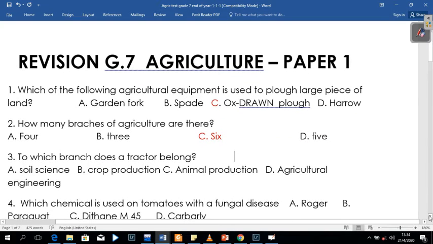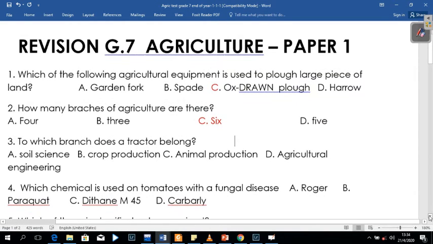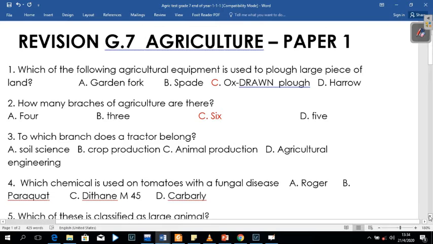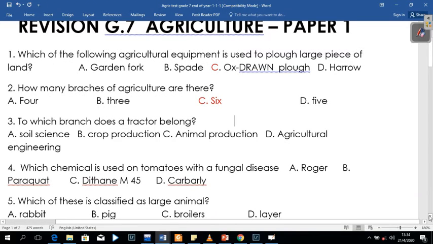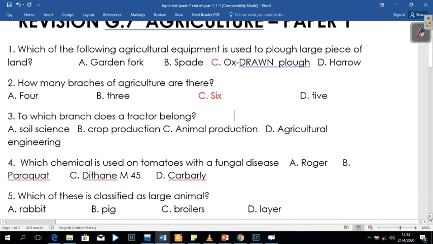To which branch does a tractor belong? Right. A, we have soil science. Soil science, no. Why? Because soil science deals with soil and maintenance of the soil. Crop production, this deals with the production of crops.